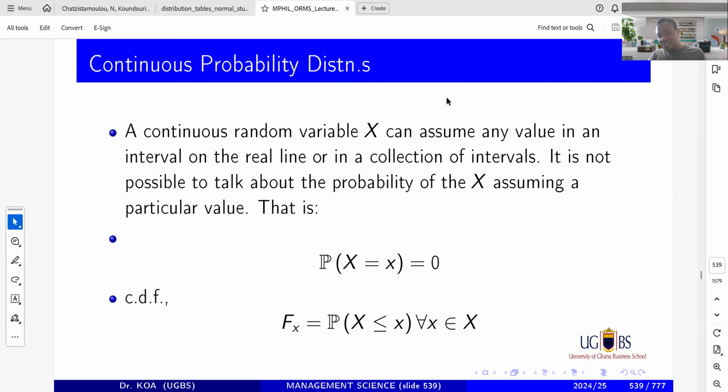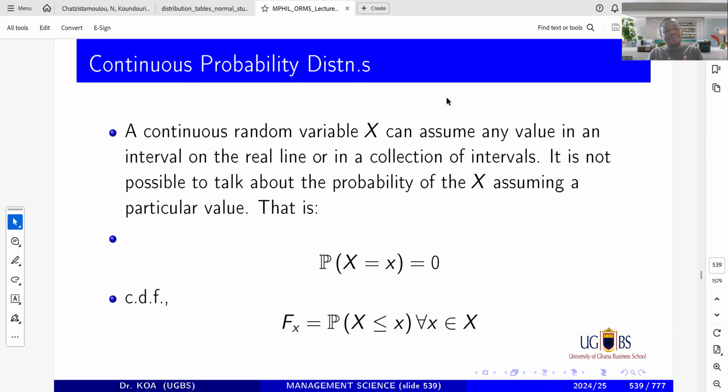But this one is continuous. In short, it's a decimal. The moment you start thinking about things that are continuous random variables, they are decimals. Things that are discrete random variables are not decimals, like gender.